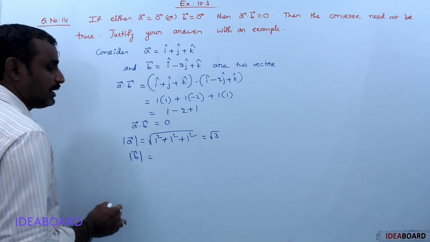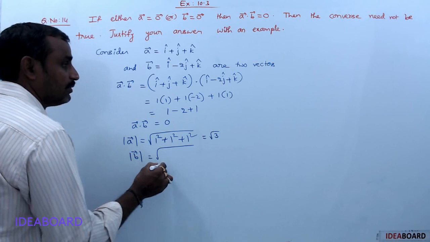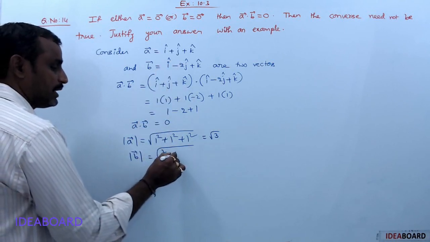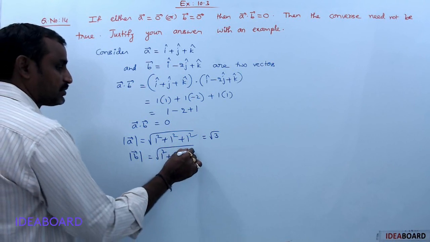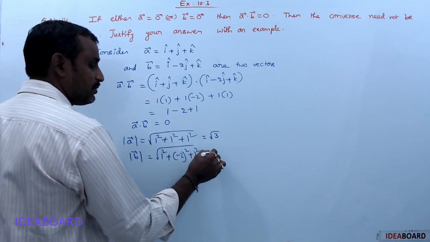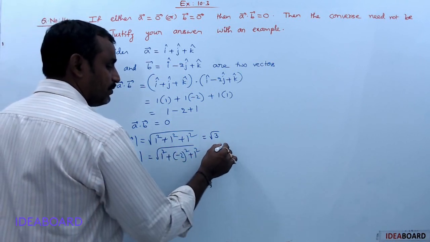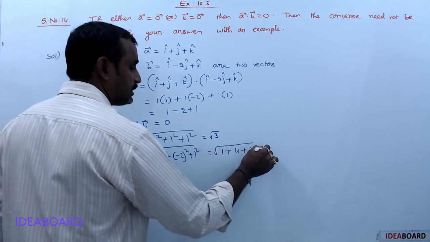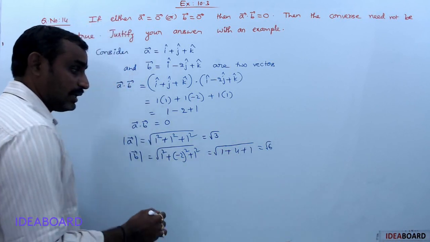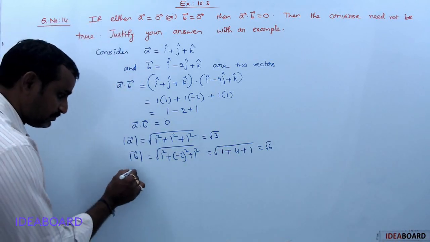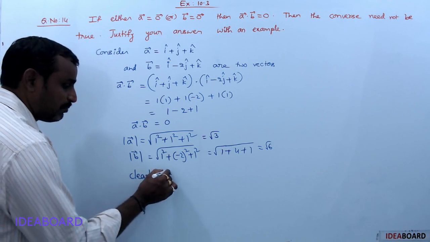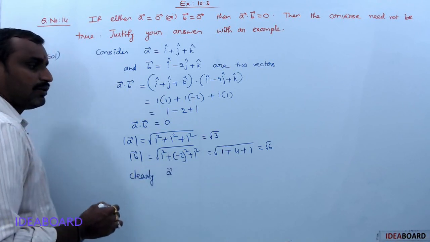Magnitude of B bar is root of 1 square plus of minus 2 whole square plus 1 square. The value becomes root of 1 plus 4 plus 1, the value is root 6. So now clearly the magnitude of A bar is not equal to 0.